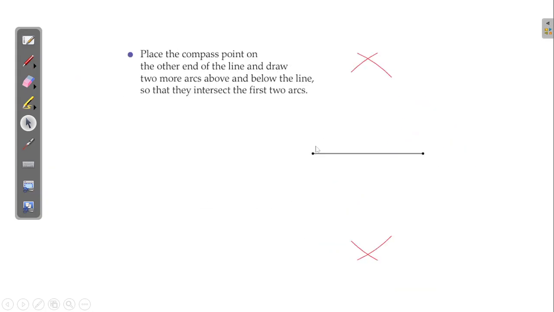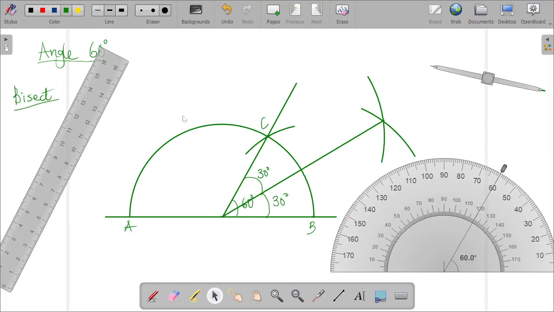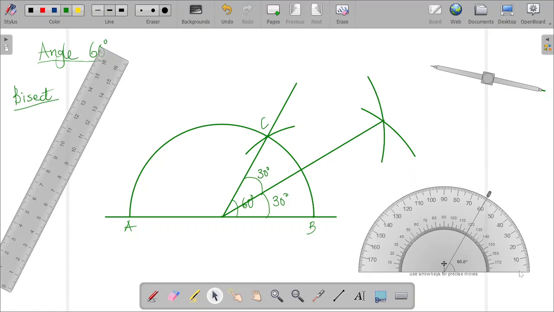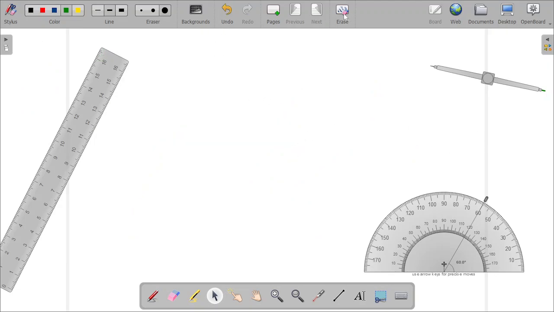Now the next angles I want to construct are angle 45 degree and 90 degree. For us to make angle 45 degree, we have to make angle 90 degree first, okay, and we'll bisect it to get 45 degree.